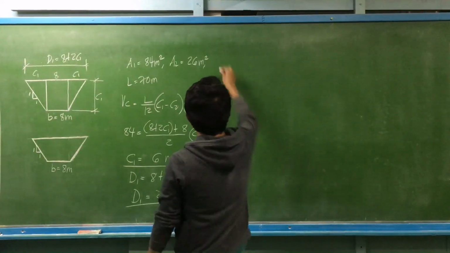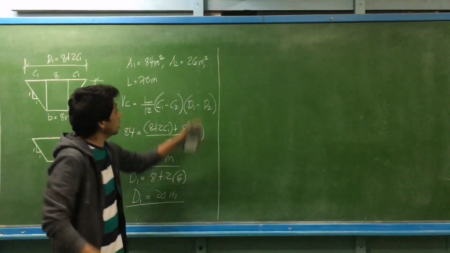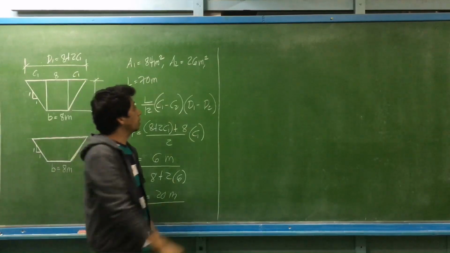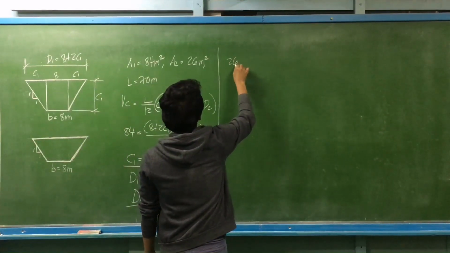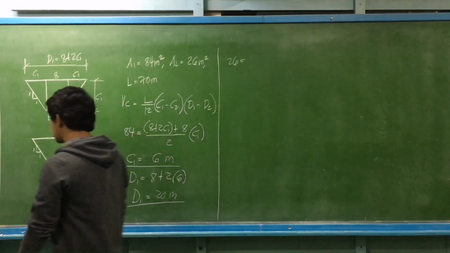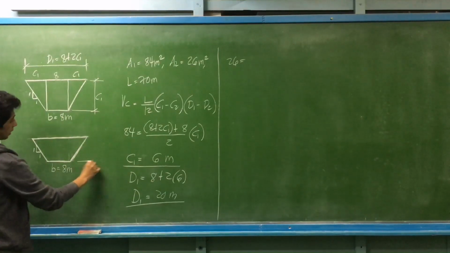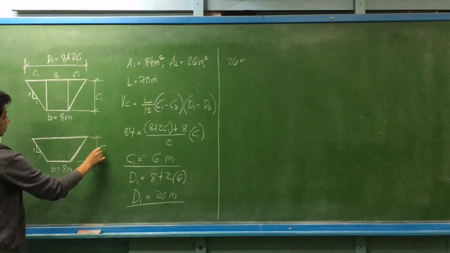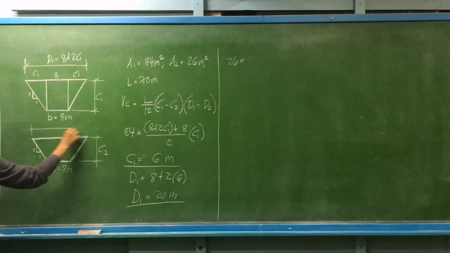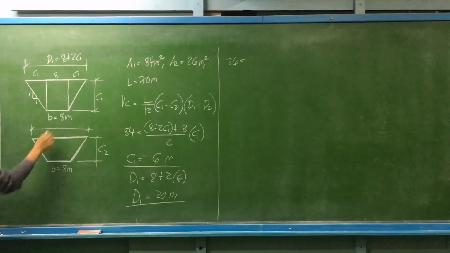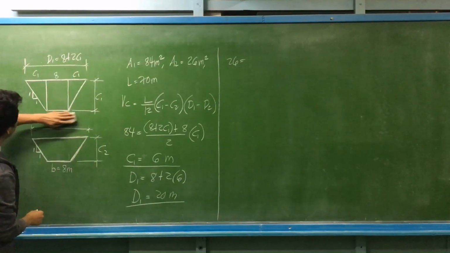Okay, proceed naman tayo sa second area. Second area is equal to 26 square meters. So we have 26, isipin nyo lang, area of a trapezoid. Lagay naman natin ito as C sub 2 and ito naman, let's say this is D sub 2.